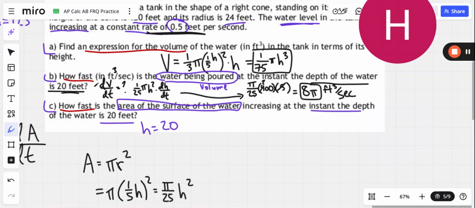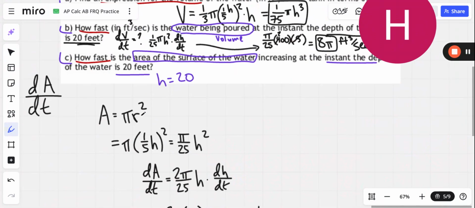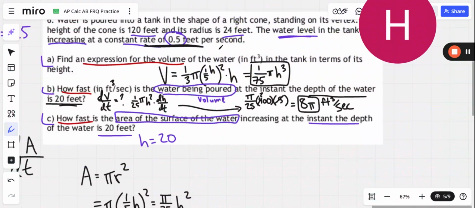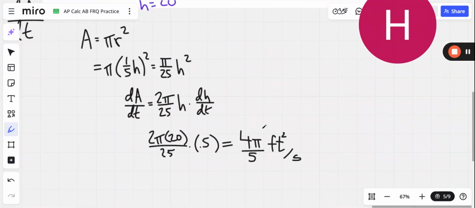Oftentimes it will explicitly say indicate units of measure. That means if you don't do it, you're going to lose points. So in this case, this is going to be in just feet squared per second, because this is a change in area. Area is measured in feet squared, and this is happening over time, per second. So there's our answer.